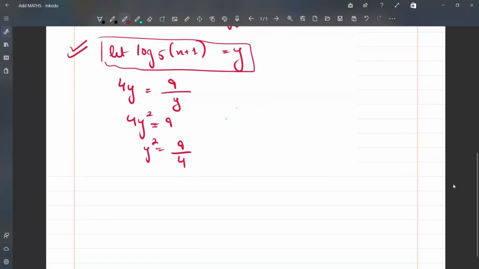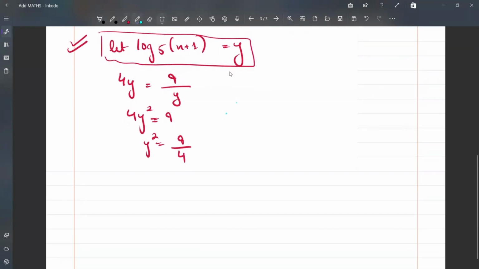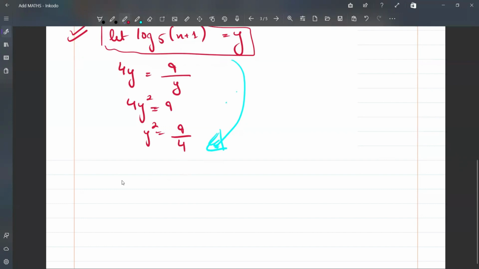All right. Now let's substitute this back, because we are not looking for y, but we want to solve for x. So (log₅ x)², the whole thing squared, is equal to 9 upon 4.